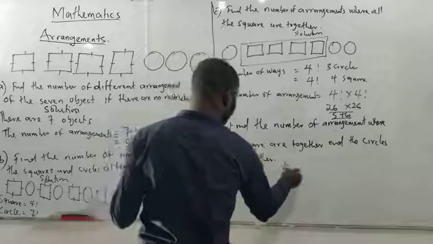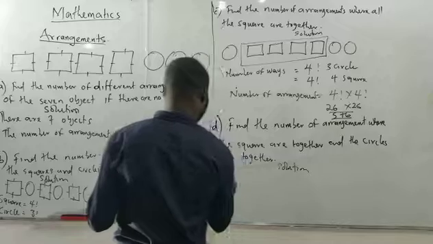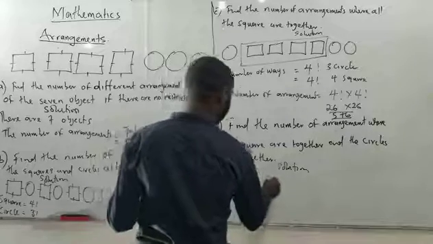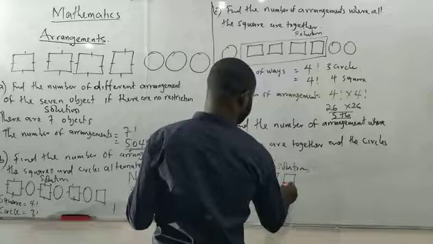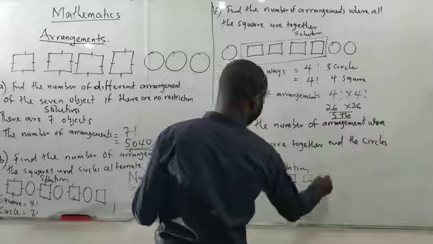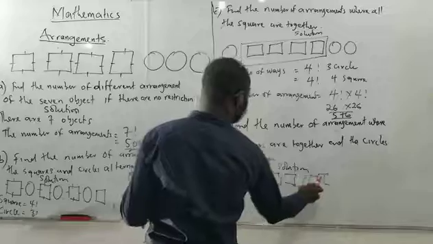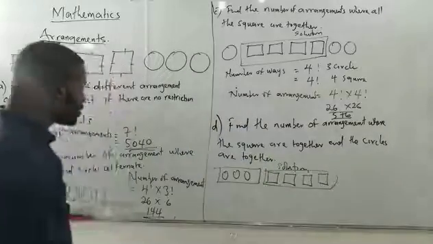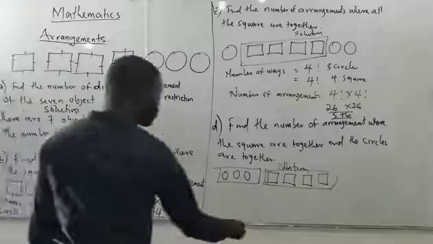Solution. We have circle, circle, circle, which are together, and square, square, square, square, which are also together.